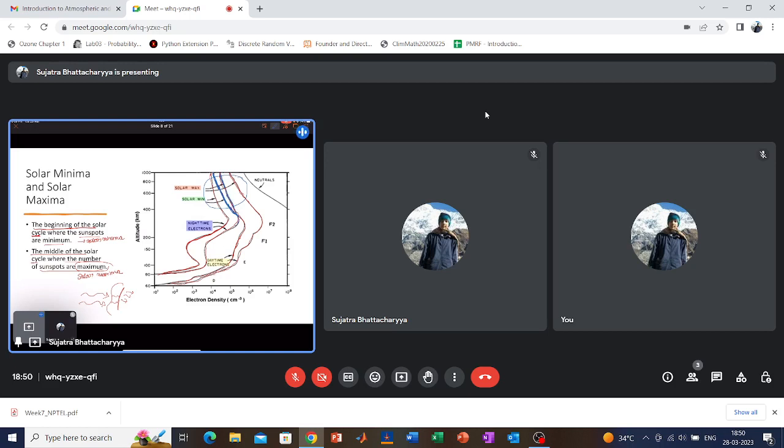This is interesting to see, which we can see from this figure quite easily. This is an observed fact, that's all. Daytime solar minima is less than nighttime solar maxima. So you can understand how big a role solar maxima and solar minima play in the ionosphere.